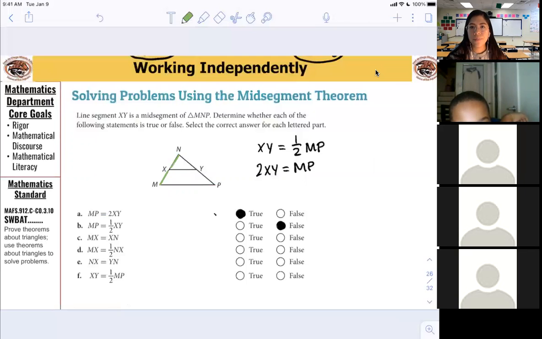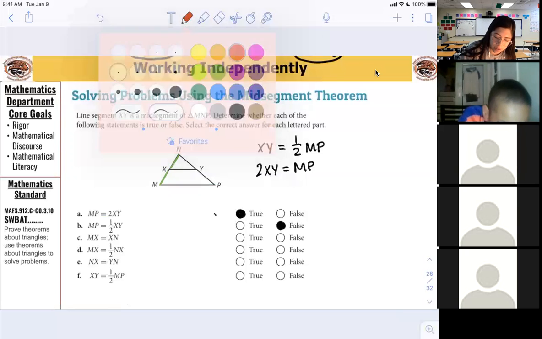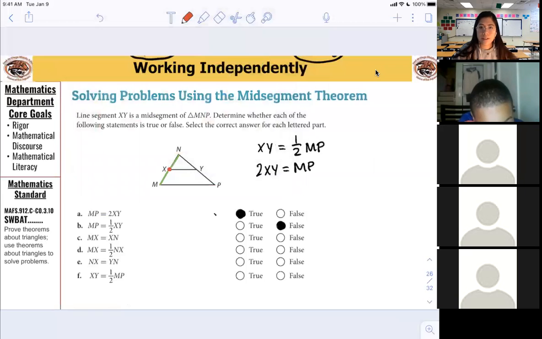Janelli says true. Eric says true. How do I know that they are in fact equal? What is X? If XY is the mid segment, what is X? Good. Midpoint. Okay, so that's true.